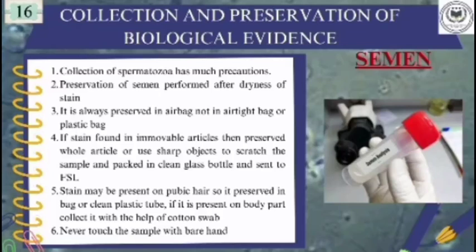Always remember to preserve the sample in an air bag and not in an airtight bag or plastic bag. If the seminal stain is found on an immovable object, take a photograph first, then collect the sample with a sharp object like a knife or scalpel using a scratching method, pack it in a clean glass bottle and send it to the forensic science laboratory.